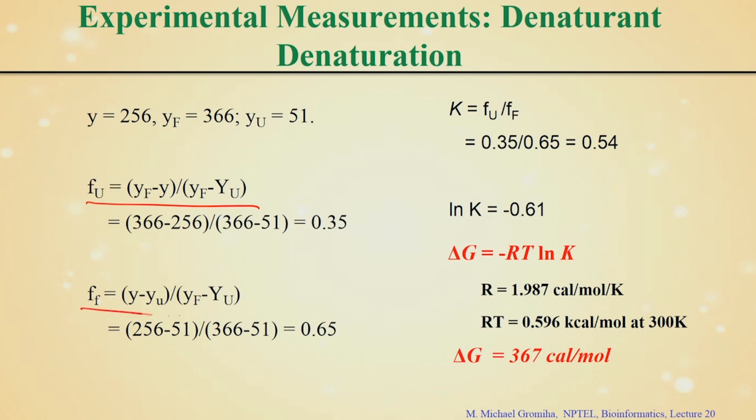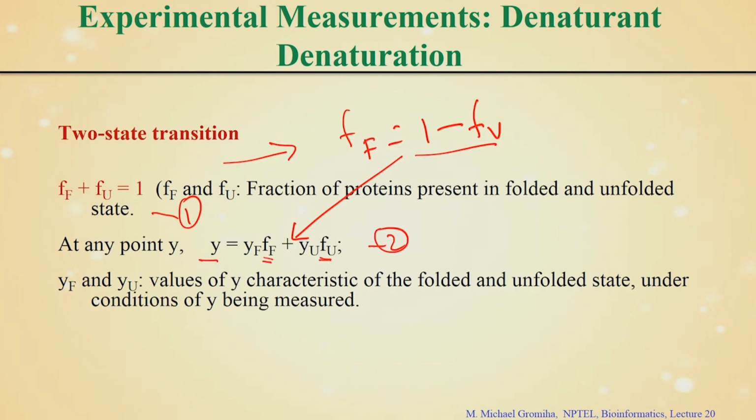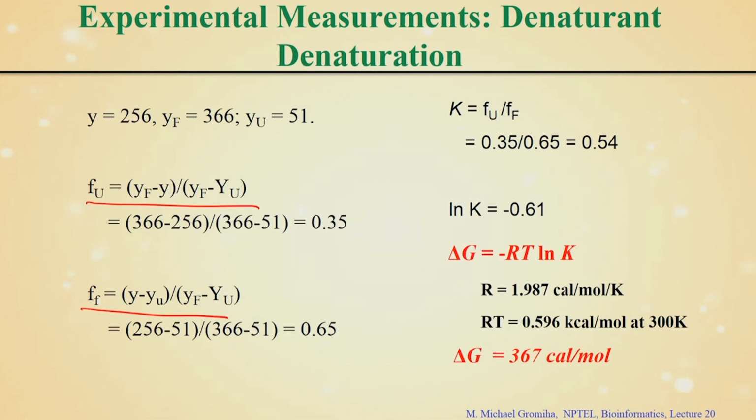Likewise, you can get ff as y minus yu divided by yf minus yu, right. If you take ff equal to 1 minus fu, then y becomes equal to yf into 1 minus fu plus yu into fu, right. Then you combine together the fu and ff, and you solve this equation, you will get fu as this equation.